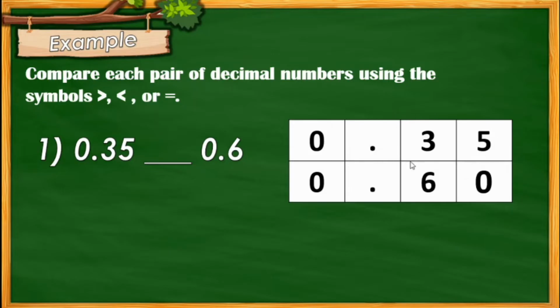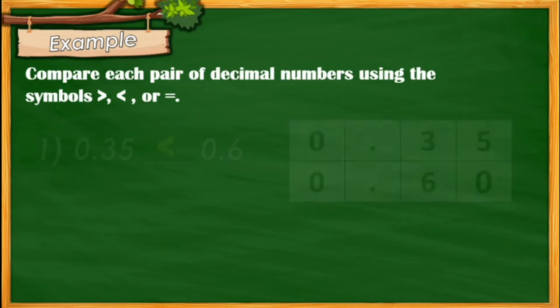Is it 35 hundredths or 60 hundredths? Very good, grade 5 pupils. It is 60 hundredths. So 6 tenths is greater than 35 hundredths.